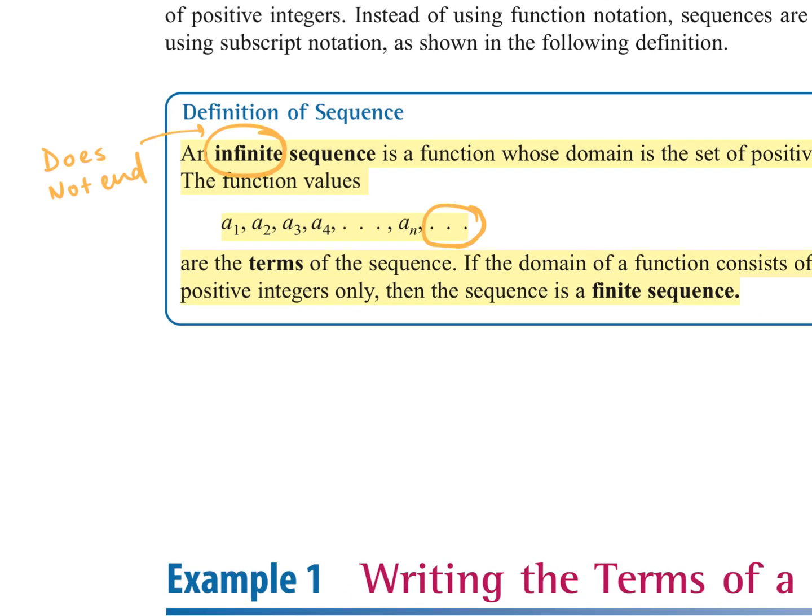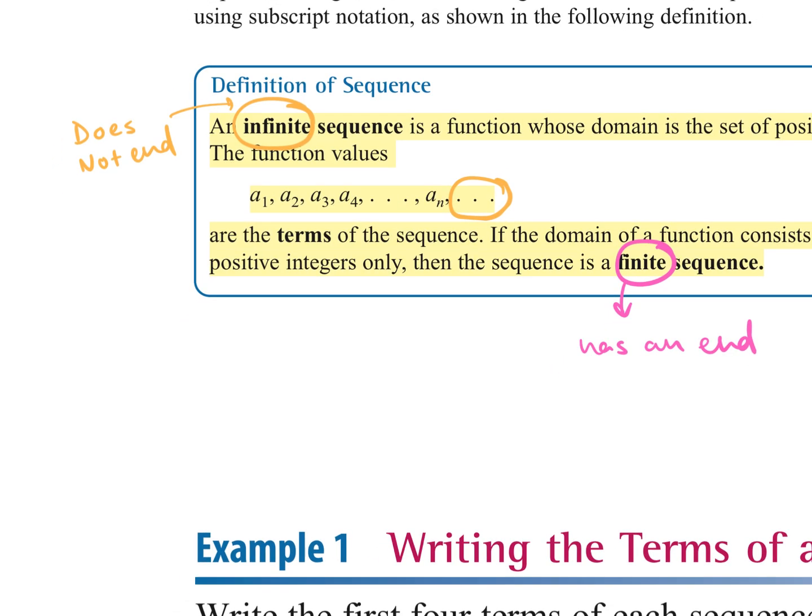The other type we have is a finite sequence, which means that it has an ending. An example of a sequence is something like 2, 4, 6, 8, dot, dot, dot, which would make it an infinite sequence.